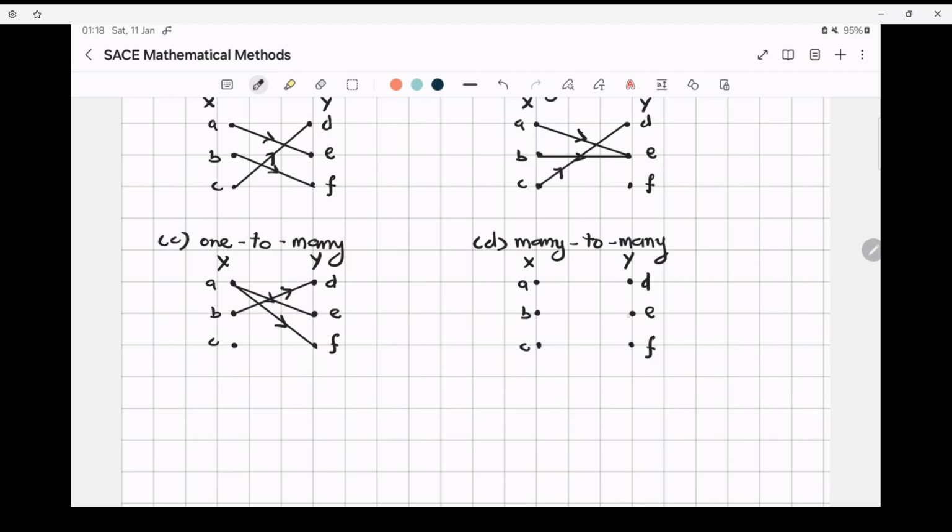So let's say you have many-to-one, and then you have one-to-many. So c is one-to-many. This would be one example of many-to-many.